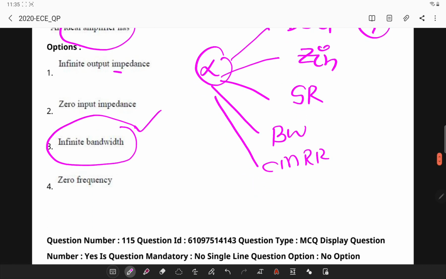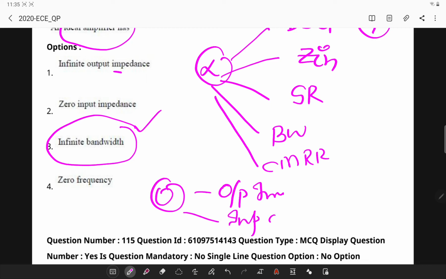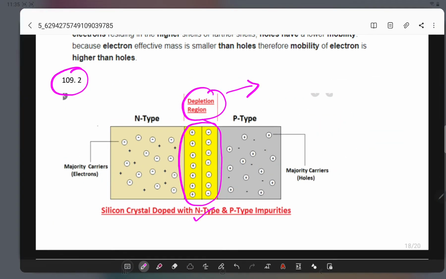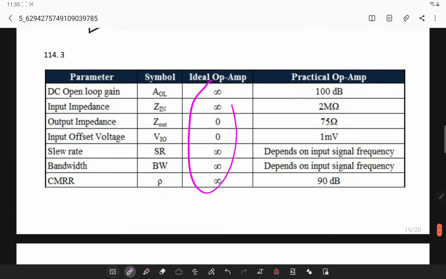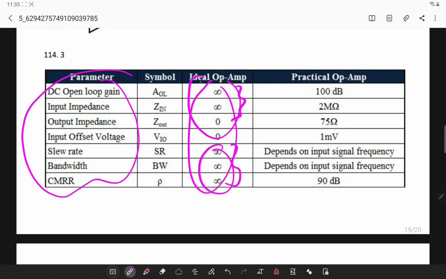Now you also have to remember, it will have zero output impedance and zero input offset voltage. So I will show you a table which you have to remember, because every year there is a question on this particular concept. So remember what are the features where you have infinite value.